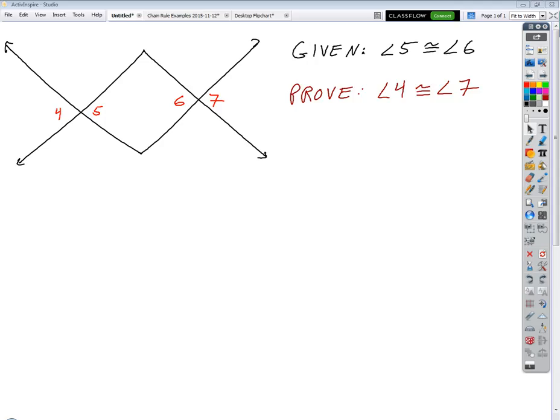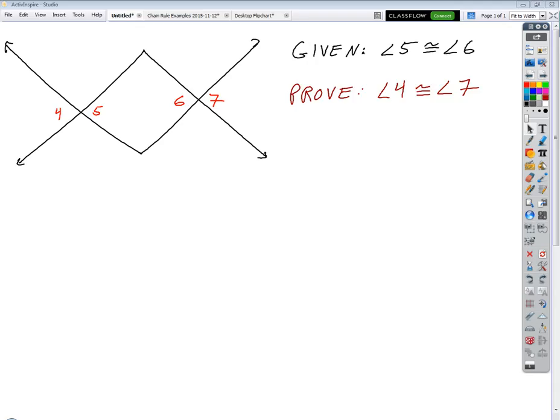Okay. All right, so let's plan our proof here. What are we trying to do? So we're given that angles 5 and 6 are congruent. We're trying to show that angles 4 and 7 are congruent, right? Okay? So stare at that for a second.